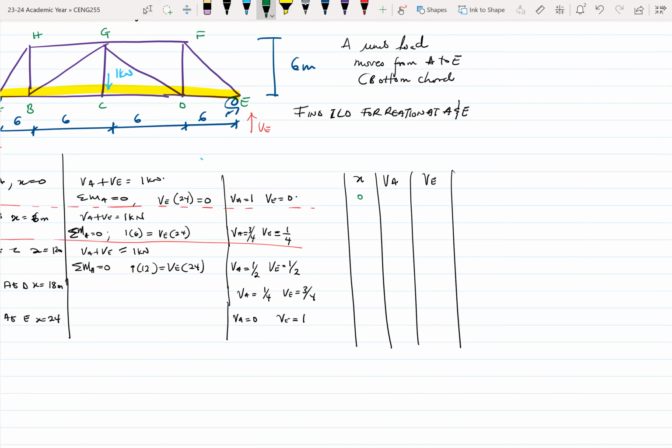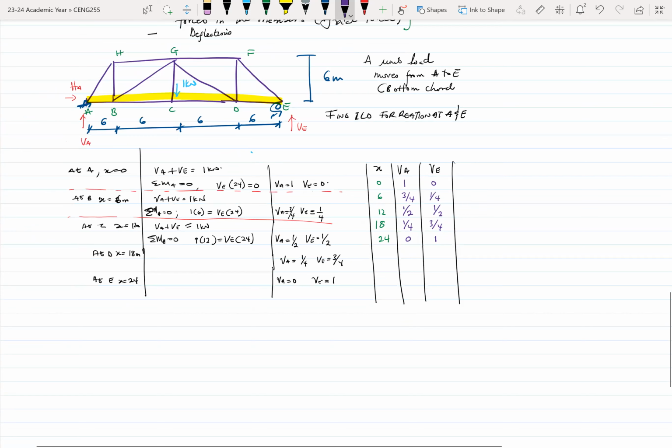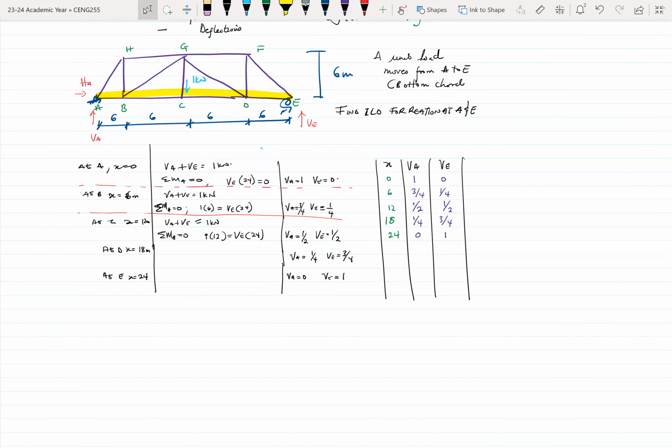When X is 0, 6, 12, 18, and 24: when X is 0, VA is 1, VE is 0; then 3 over 4, 1 over 4; half, which is the same as 2 over 4, half; then 1 over 4 and 3 over 4; and then 0 and 1. Right. So you can use this information to draw your influence line diagram for, for example, a reaction at A or for a reaction at E.